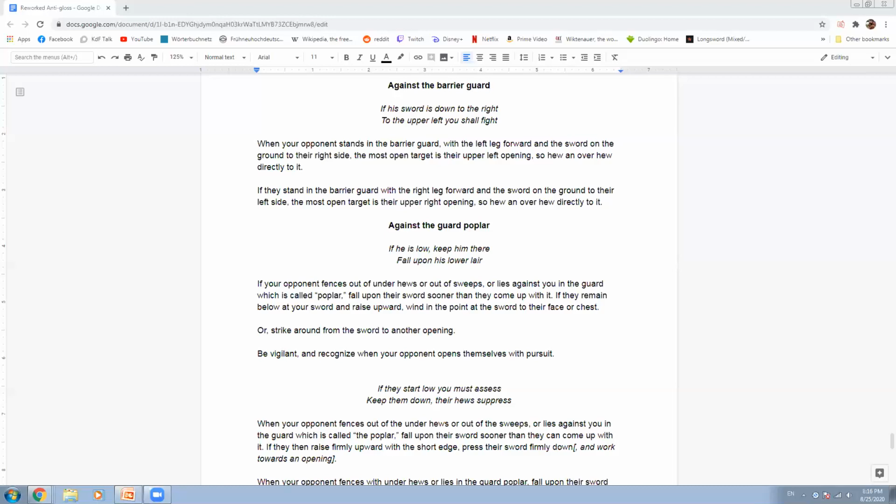I fence a few people who do that sometimes, just stand in a guard without moving and wait. And I always keep moving when I'm fencing. I'm always moving in and out, trying to find something.